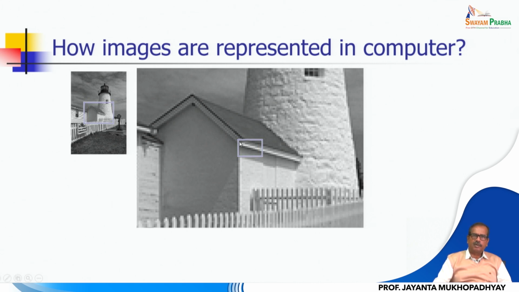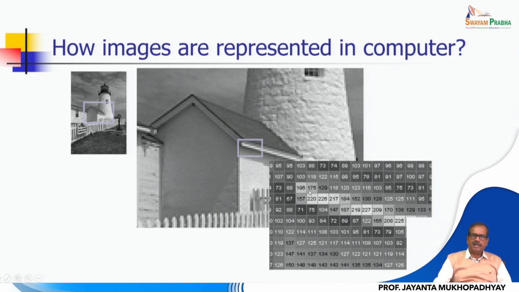Now take a very small portion once again from this image. What you will find is that the points you are observing are actually smooth rectangular or square blocks having some brightness level.